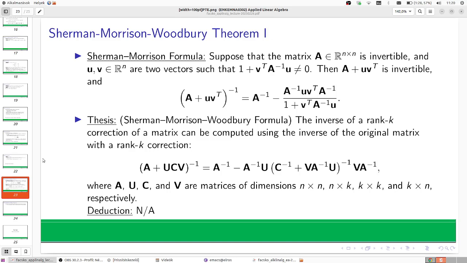There is a restriction: the transpose of this vector, times the inverse of the matrix, times the other vector, so this product is not zero. Then A plus UV transpose is invertible, and you can calculate its inverse with this operation.